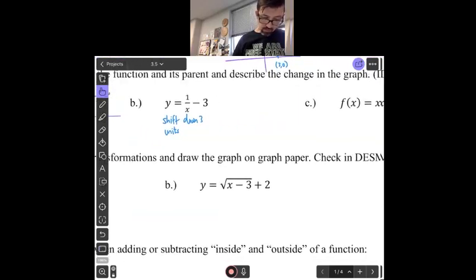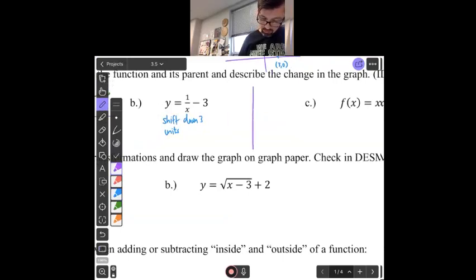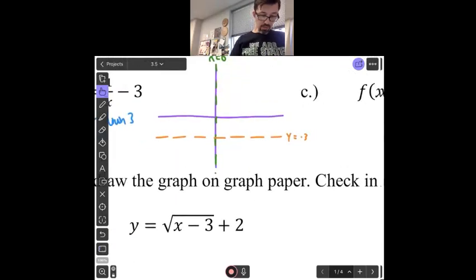Sketching that was the hyperbola, and the asymptotes are really its defining feature. If you think about that vertical asymptote, which is at x equals 0, that one didn't move. But the horizontal one moved down. If we draw a line down here, it's y equals negative 3. As we try to draw that in the top right corner, we start pretty close to the vertical asymptote on this side.